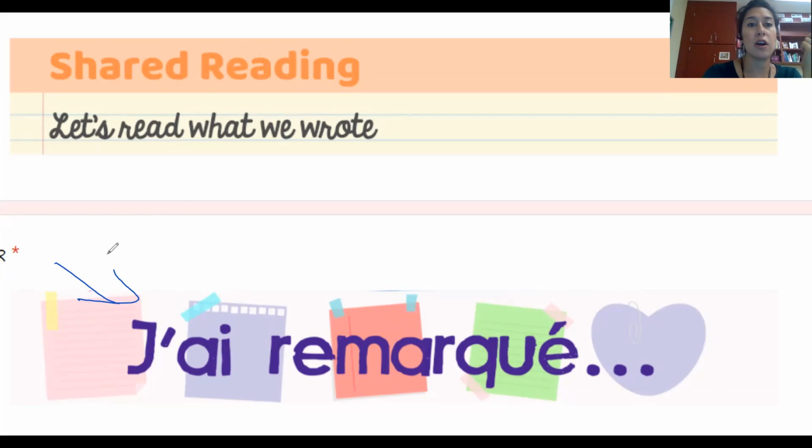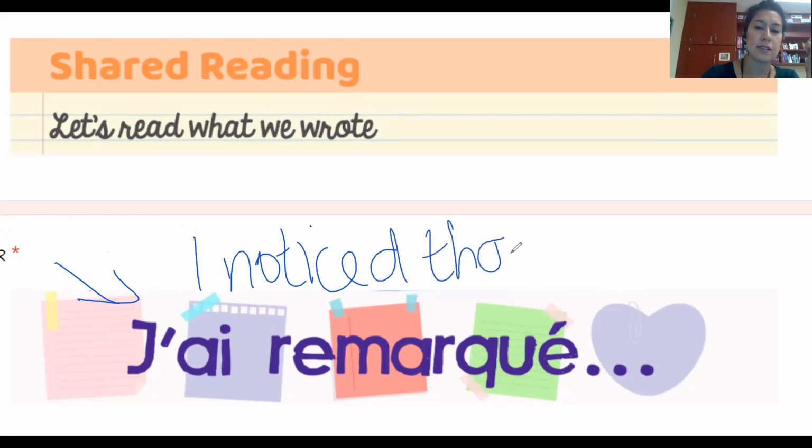Now, it could be on pronunciation. So as I'm reading the French, you could be like, oh, I noticed that. J'ai remarqué is I noticed that, whatever. I noticed that this certain way that this word was pronounced was like this. I noticed that every time this ending of the word was pronounced, it was silent or whatever.